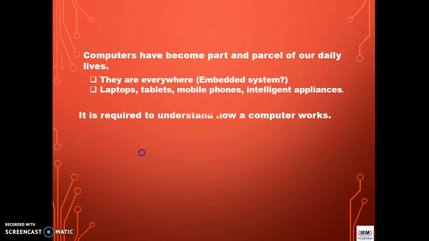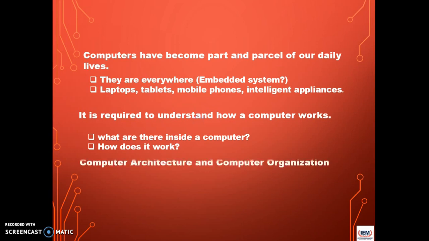So we need to understand how a computer actually works. What is there inside a computer? Therefore, in this course we will see all these various aspects, where the two terms computer architecture and organization will be taken care of also.